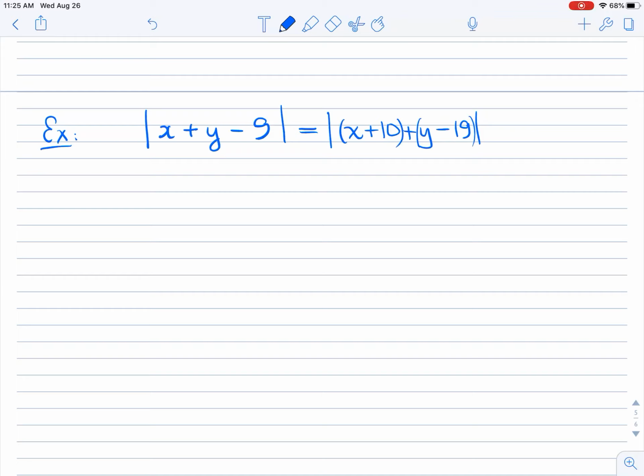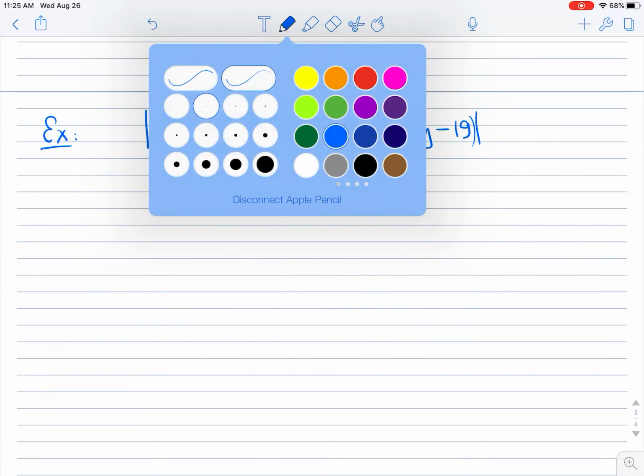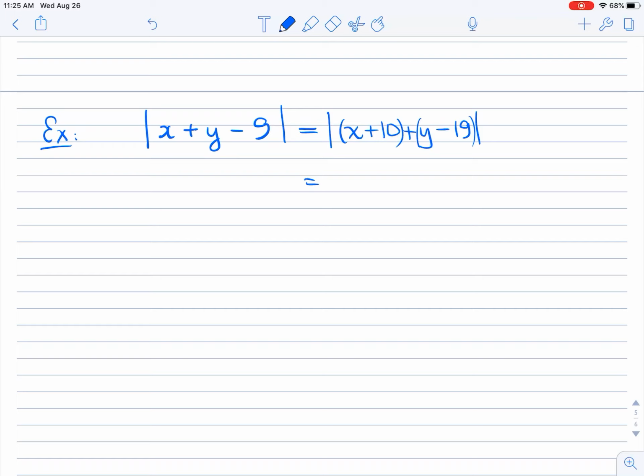And then what I could do is think of my triangle inequality, which says the absolute value of thing plus other thing is less than or equal to the sum of the absolute values of the things. And so here I see thing 1 and thing 2.